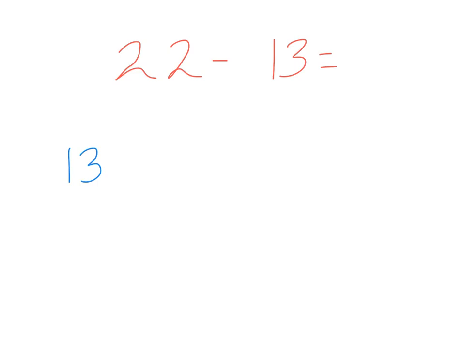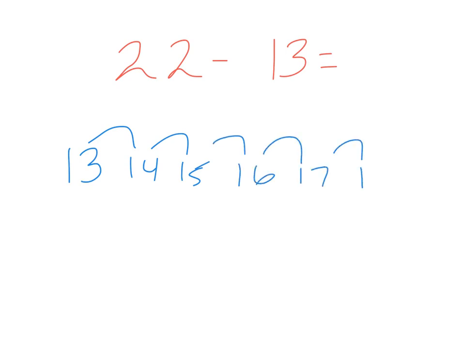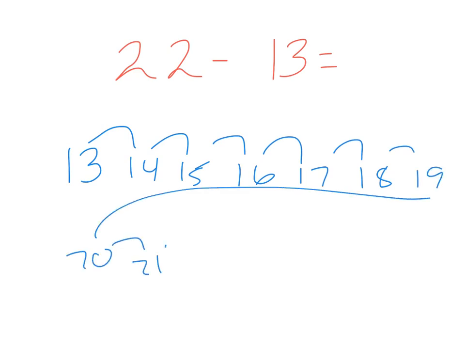From 13, we jump to 14, 15, 16, 17, 18, 19, 20, 21, 22, 23. Oh, I made a mistake. I got counting so much I went past, but that's okay, because we have our eraser and we can erase that 23 and stop at 22.